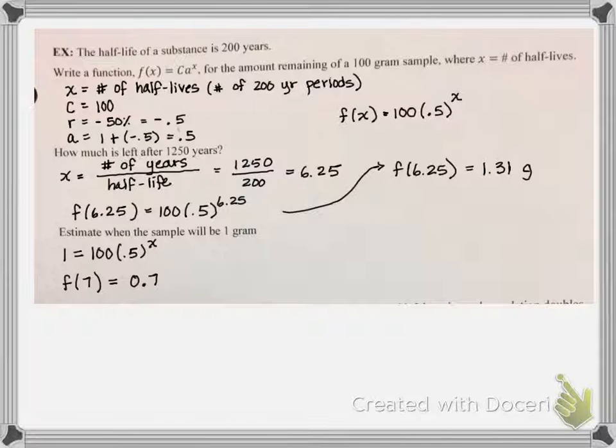Don't need a calculator for that one either. One more half-life, but what happens to the amount of the sample when one half-life passes? Yeah, there would only be half of it left, right? So if we were to increase our X value to 7.25, only 0.65 grams would remain, because after one more half-life, we've reduced the amount of the sample by another half.